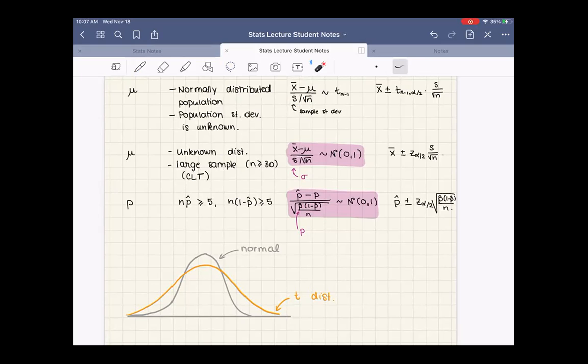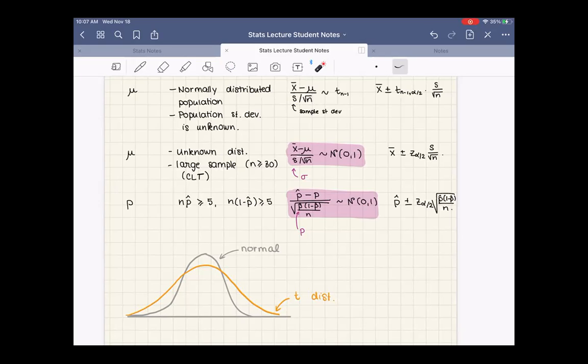Now, how spread out the distribution should be depends on how much variability I expect there to be, right? So it depends on how inexact I expect S, the sample standard deviation, to be. Now, that fact that we have a distribution that involves these two sources of variability makes it more variable, and that variability is going to depend on how uncertain my standard deviation is, which means that it depends on how large my sample is, right?